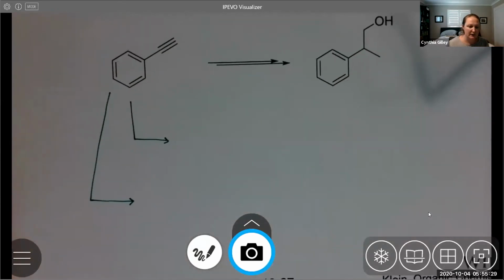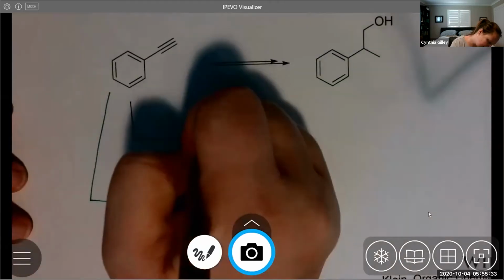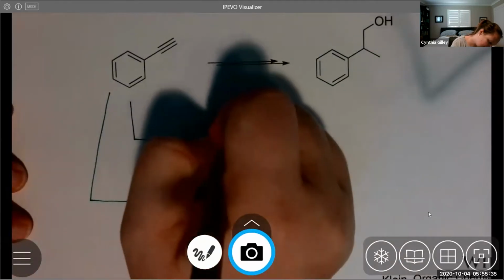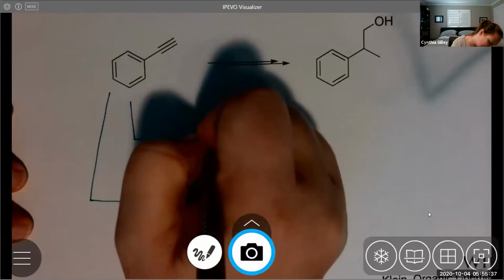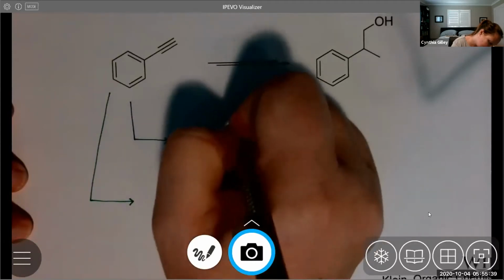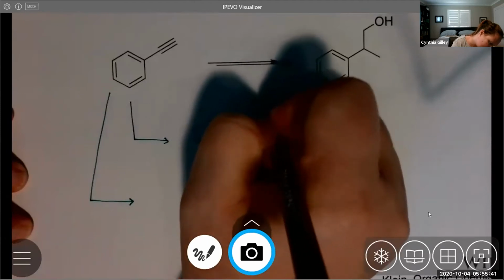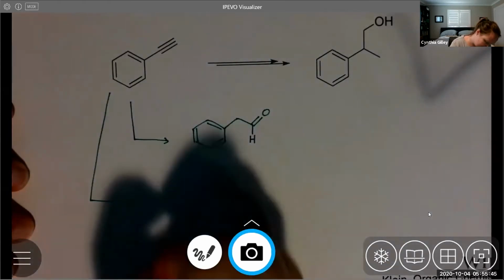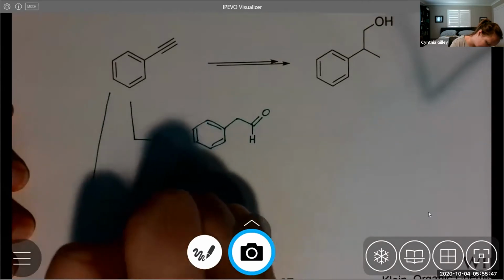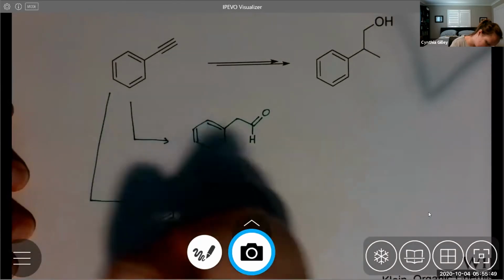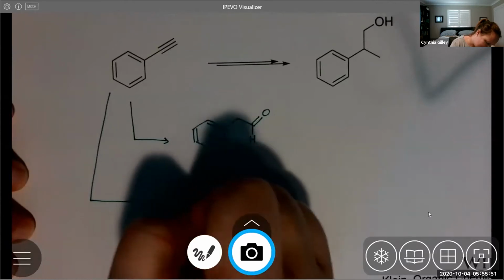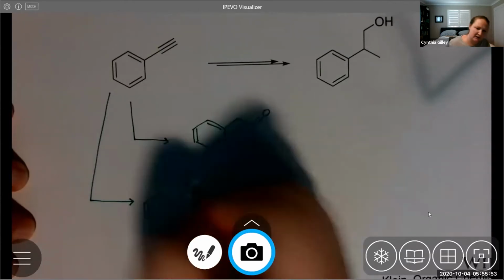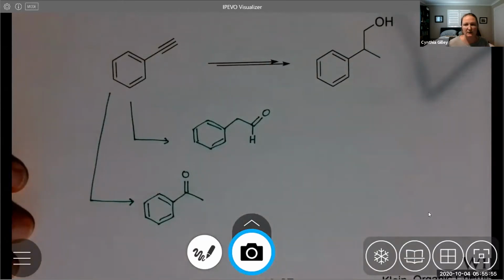Those are part of the review reactions for this chapter. So it's quite possible that I could convert this to an aldehyde or a ketone. And if I convert it to an aldehyde, I'm going to get this aldehyde. And if I convert it to a ketone, I'm going to get a methyl ketone. So right now I'm simultaneously exploring 2 possibilities, and I'm not sure which one I want to use.